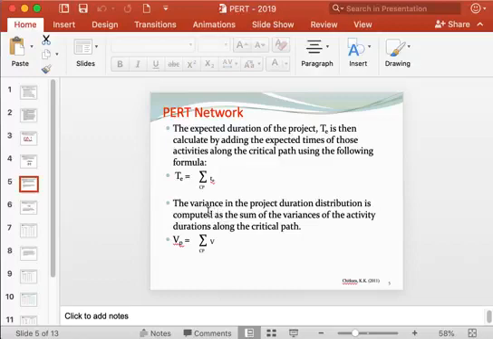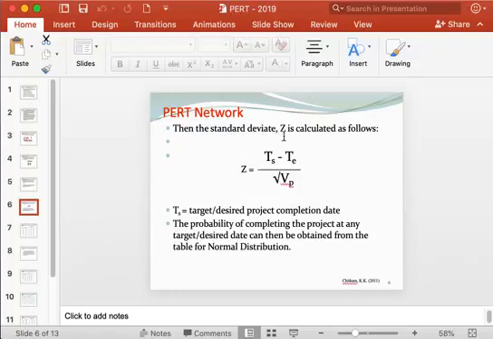Similarly, the variance of the project duration. Here we are talking about project duration, not the activity duration. Variance of project duration can be found by capital VP equal to the summation of variances of all those activities falling on the critical path.